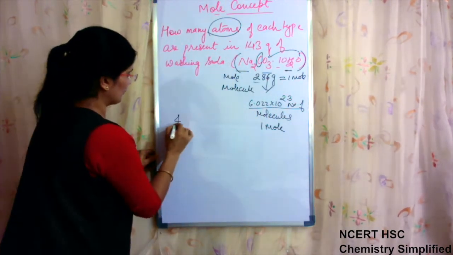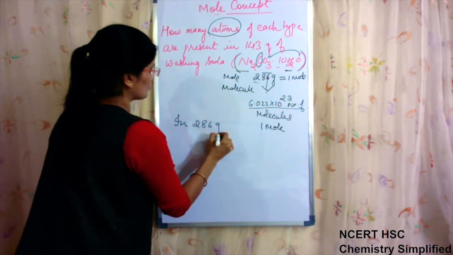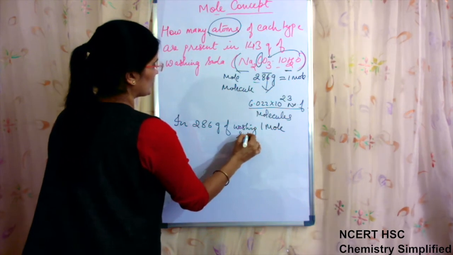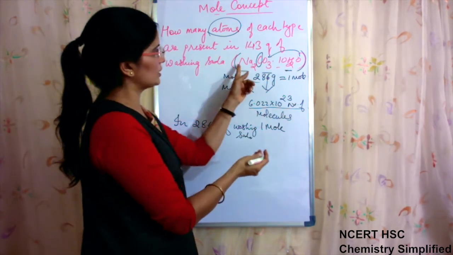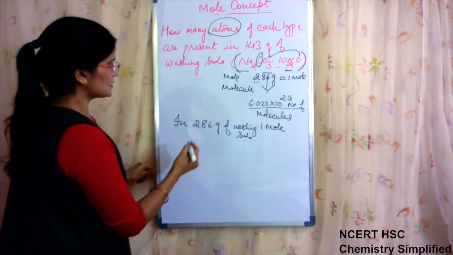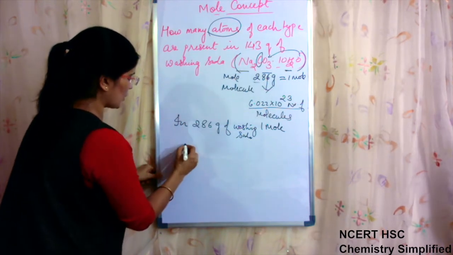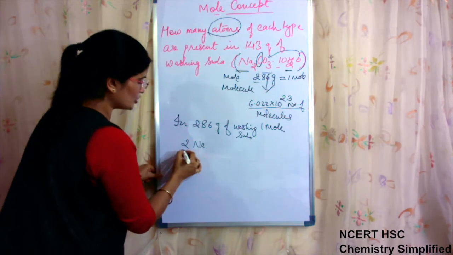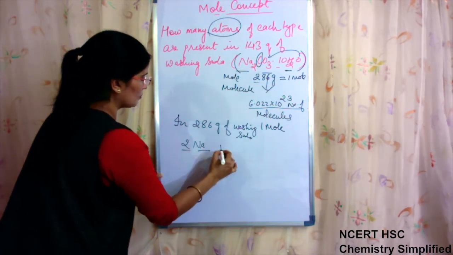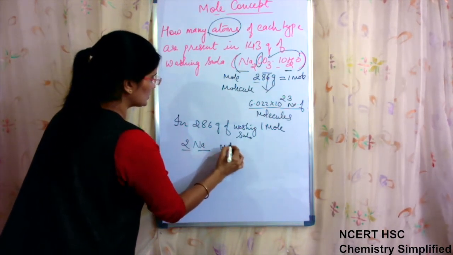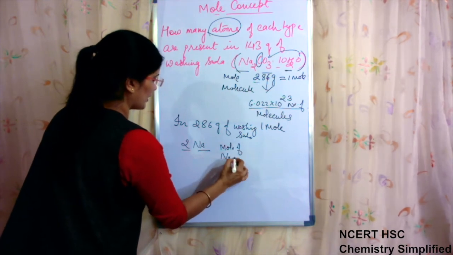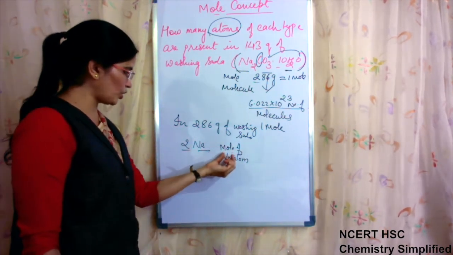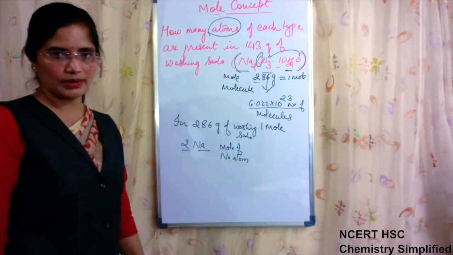Now, in 286 grams of washing soda, this formula written, let us see the number of sodium atoms. How many? 2 Na are present, Na2, or I can write 2 sodium atoms. In terms of moles, I will say 2 moles of sodium atoms are present.